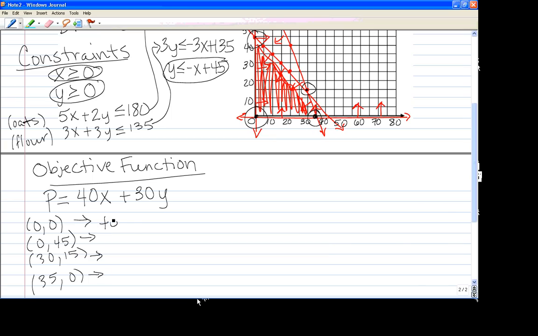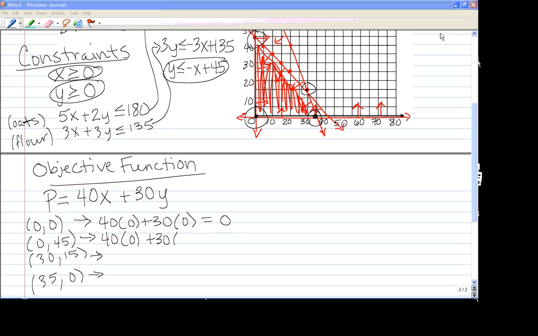So for the first one, we'll get 40 times 0 plus 30 times 0, and that of course equals 0. The next one we'll get 40 times 0 plus 30 times 45, and that is equal to 1,350.